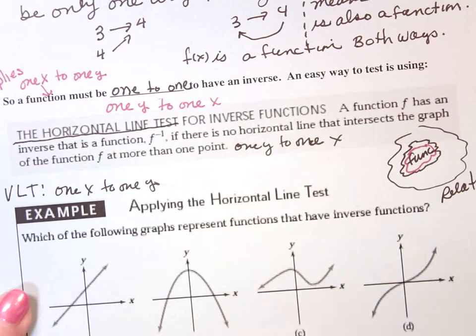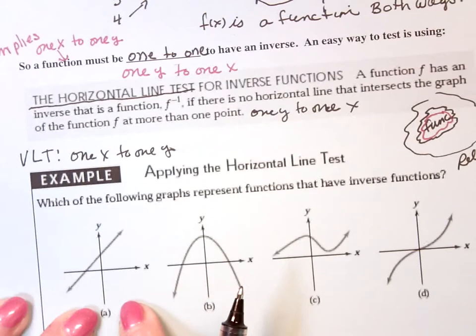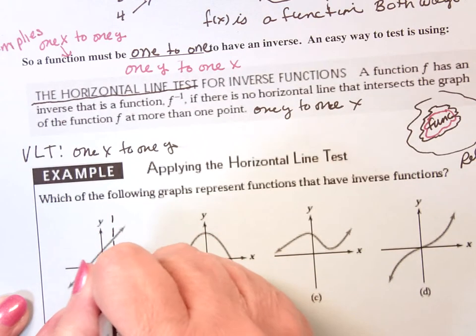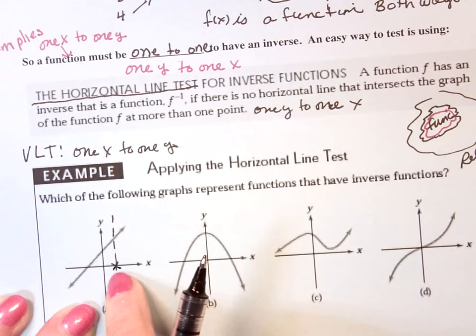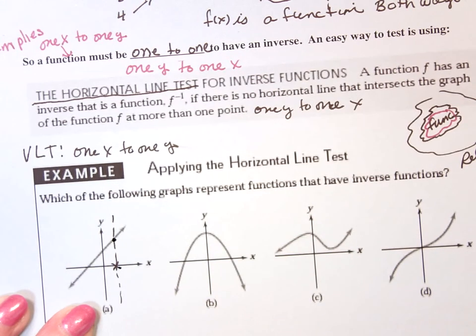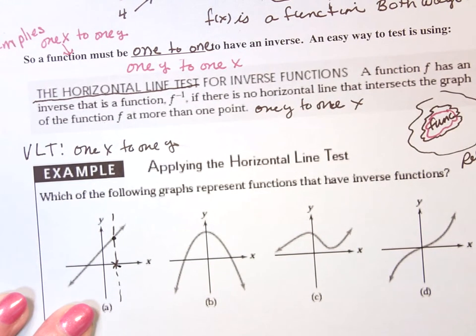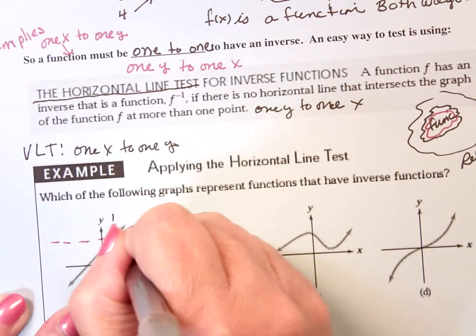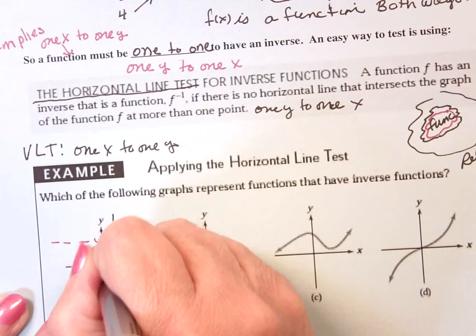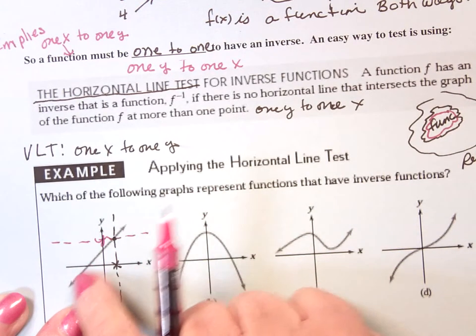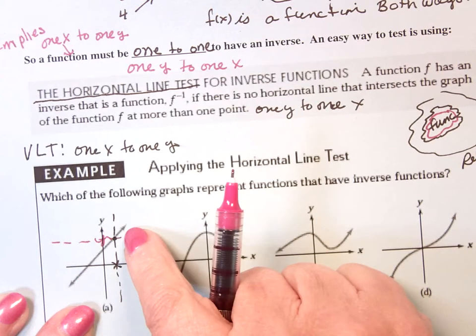Now, if I take a look at the first picture, I could do a vertical line test. That means I choose an x value. So this is an x value. It only intersects in one place, so this guy is a function. Horizontal line test says this: you take one y value. If it only intersects the graph in one place, it's a 1-to-1 function.